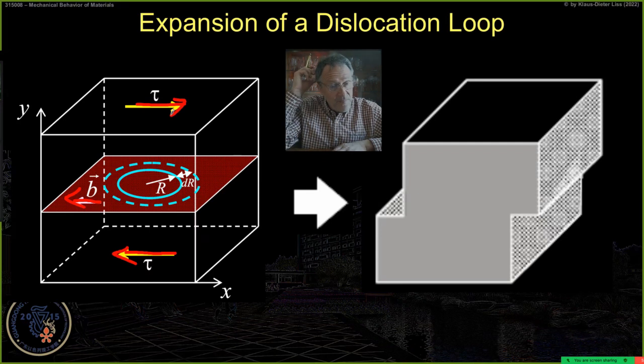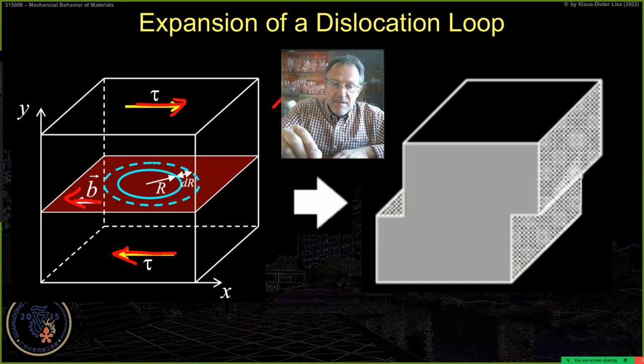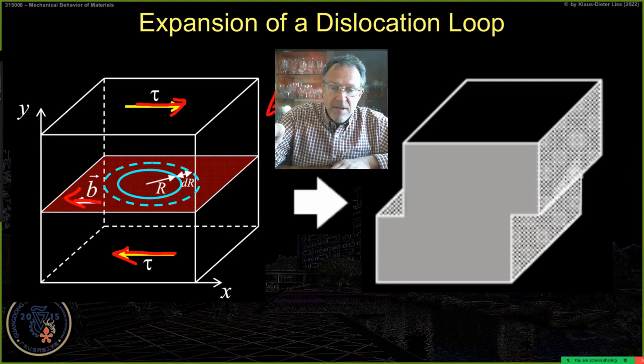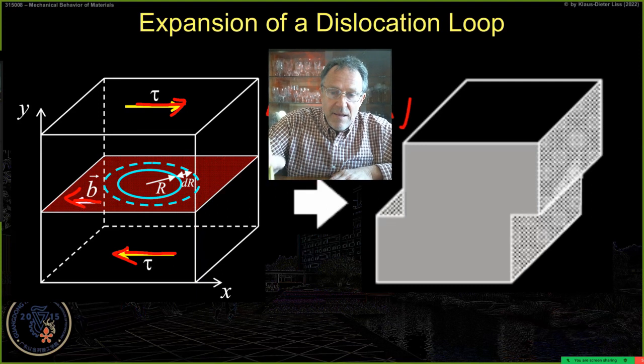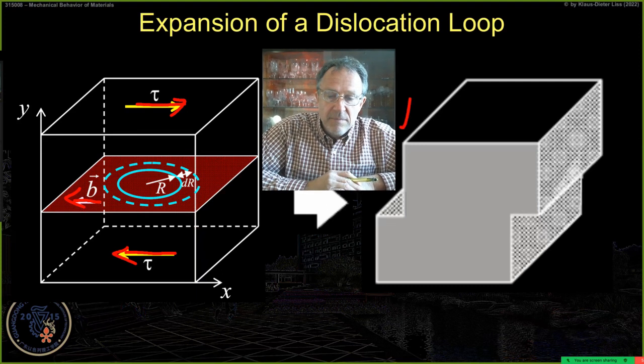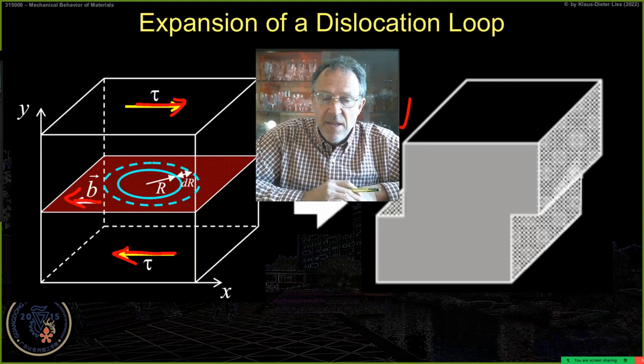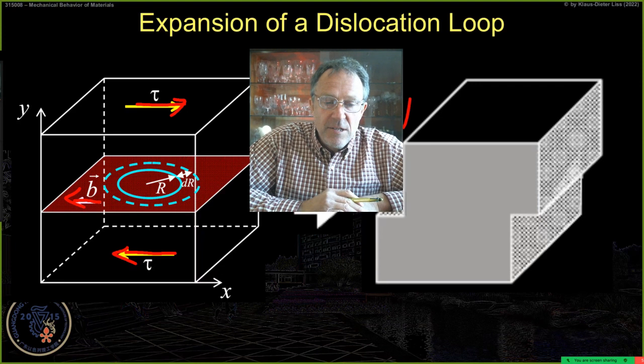Then I get an increase of the dislocation loop, and when the dislocation loop hits the border of the crystal, the regular shape of the cube ends up with a step in the orientation of the edge dislocation.